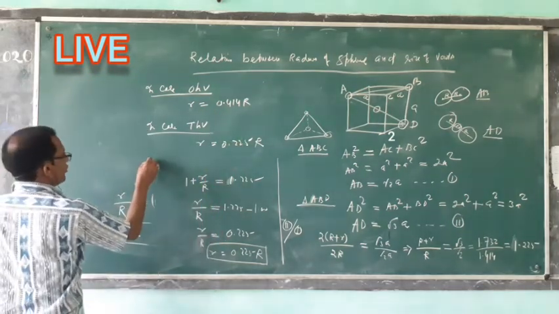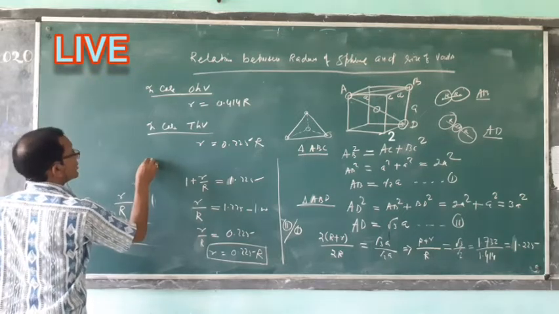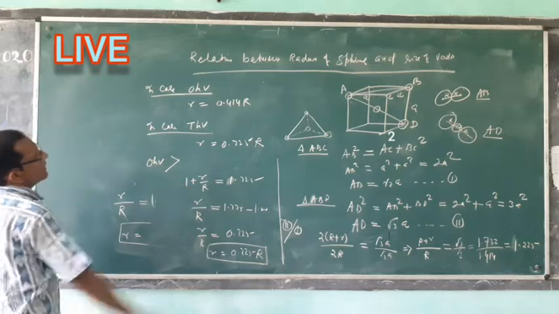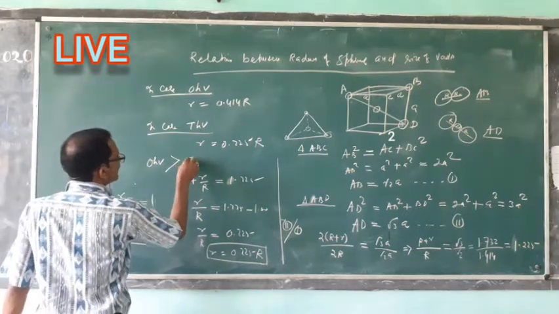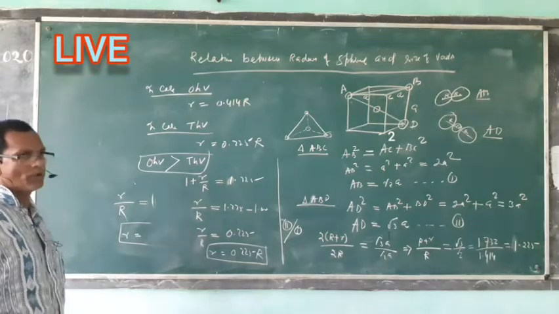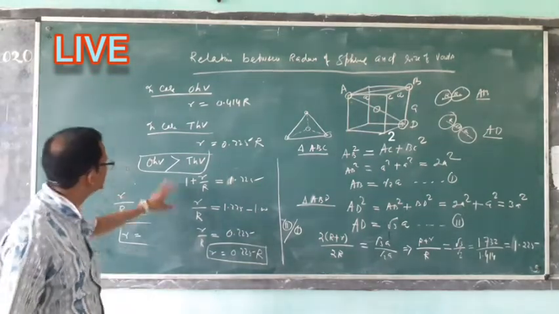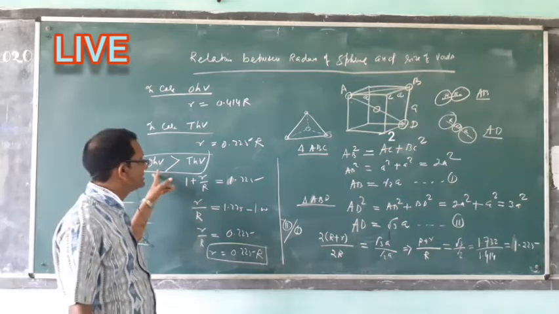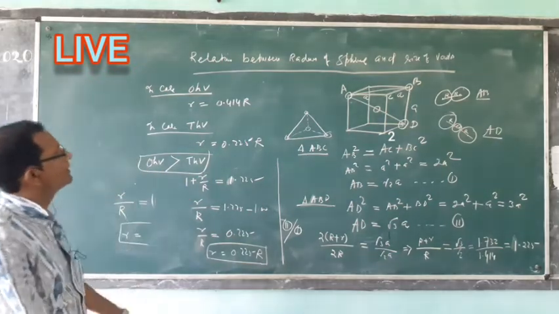The octahedral void is always greater than your tetrahedral void. If you compare the size of voids, this relation shows that the octahedral void is greater than your tetrahedral void.